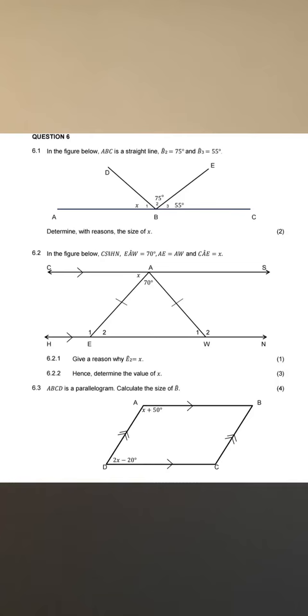Or if you want to retain the plus 55 at the end, you must say 180 minus, then you must write brackets, before 75 and then after 55. That ensures that your mathematical statement is correct. Then you write the reason after that, you see, which is very important.